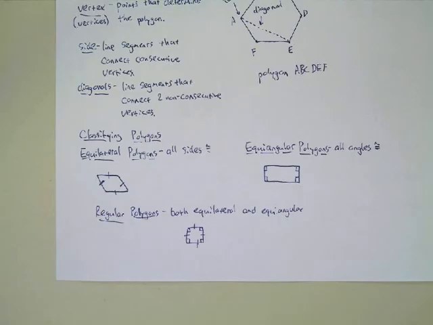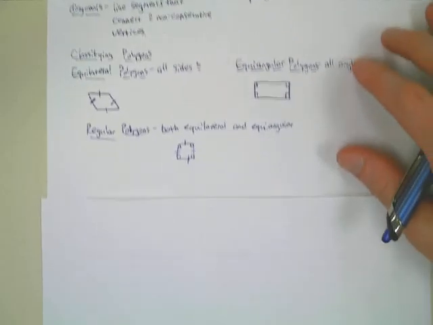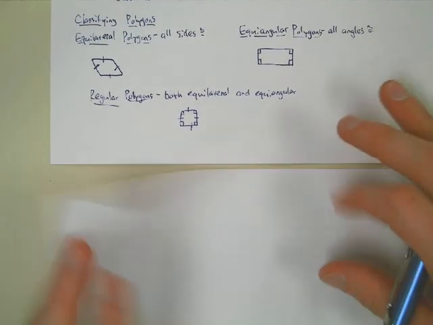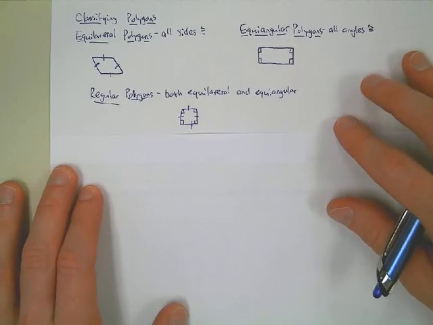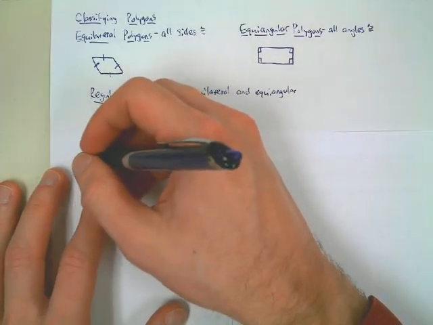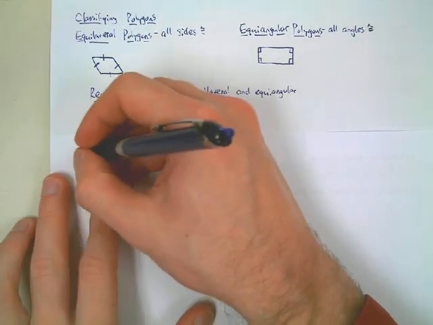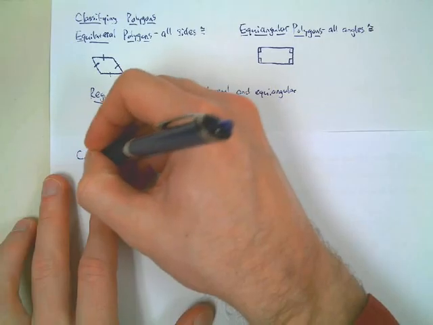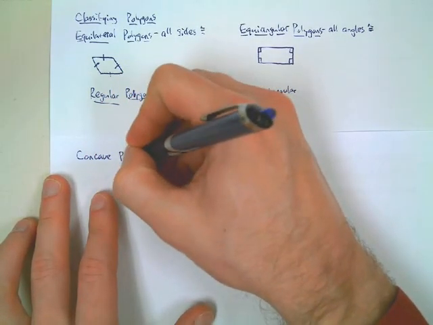All right. That's one way to classify: equilateral, equiangular, regular. We also have another way to classify, though, and it has to do with that question I asked at the end of the warm-up. At the end of the warm-up, I asked you guys to come up with a way to describe that last one that was kind of bent in on itself. So we're going to talk about concave polygons.